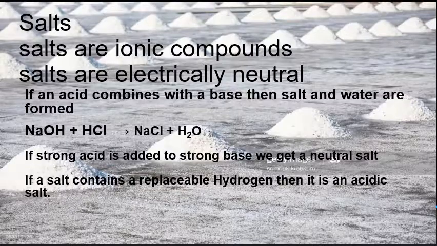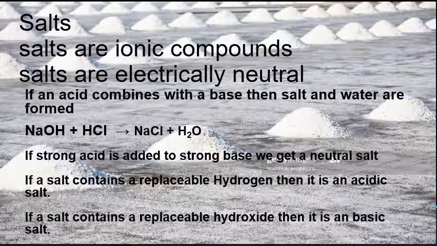In the opposite, any salt that contains replaceable hydroxide ion, then it is a basic salt. Understand? So replaceable hydrogen, it is an acidic salt. Replaceable hydroxide ion, it is a basic salt. Understand? Good.